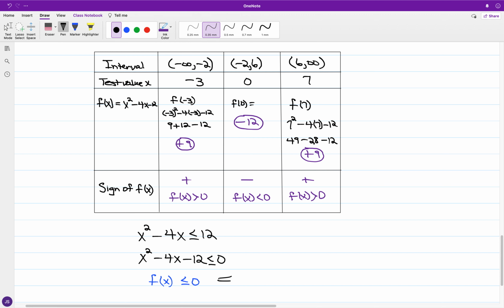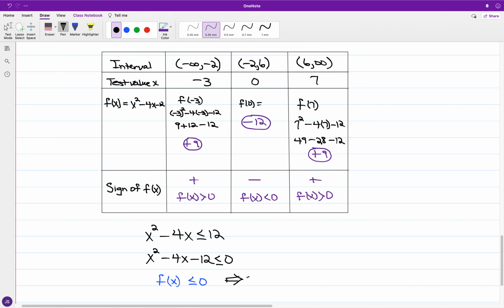For the solution, referencing the middle section here, the limit values involved will be -2 and 6. Since both -2 and 6 cause the function to be equal to 0, they will be included, and so they will be placed inside of brackets. That will be the interval solution for problem number 7.